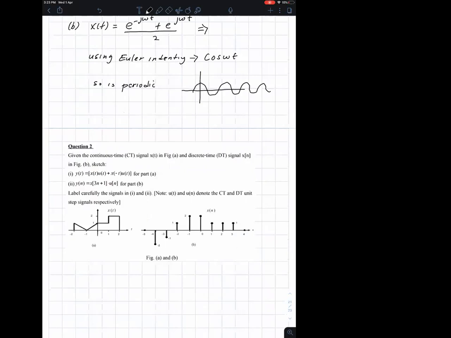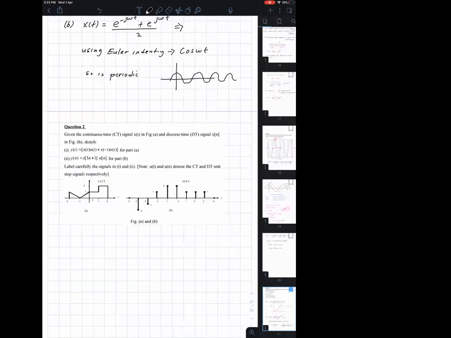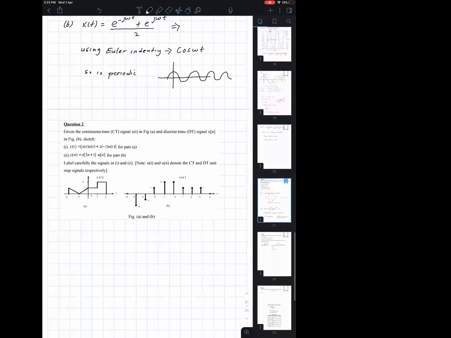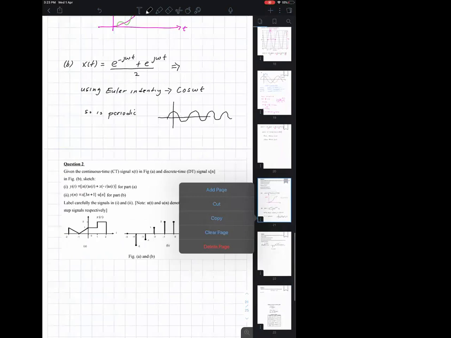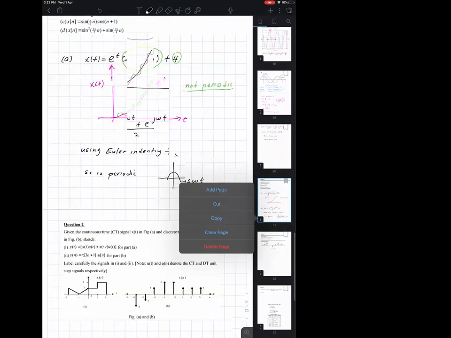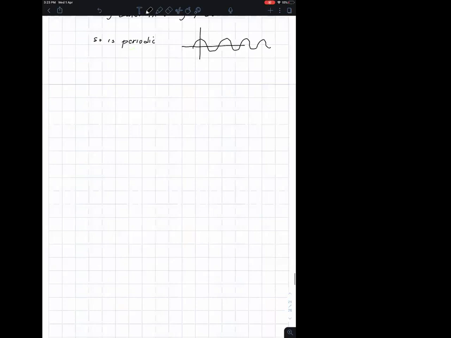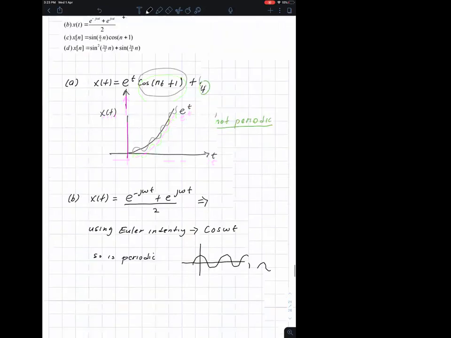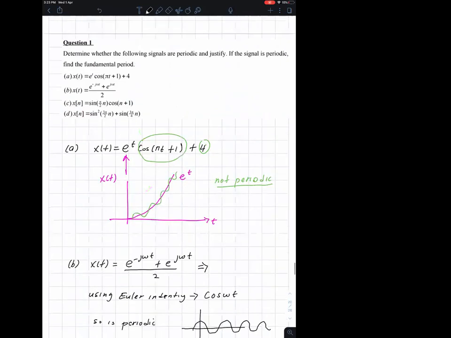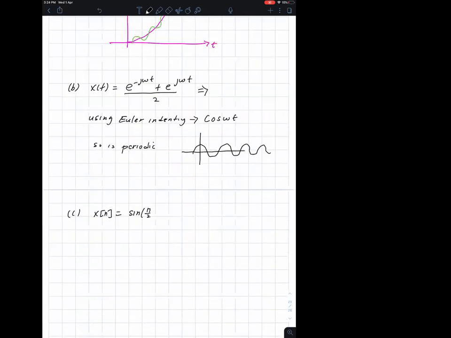So the next one is x(t), with pi over 2 n, and this is n.